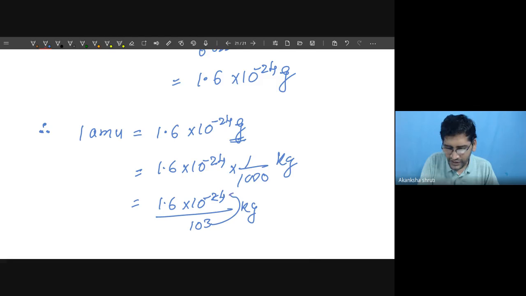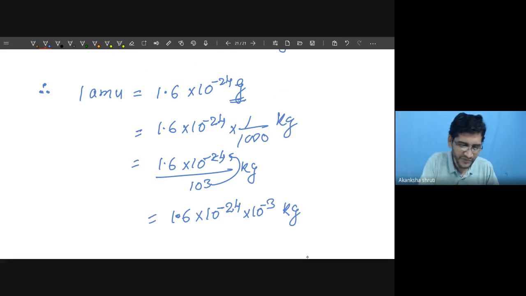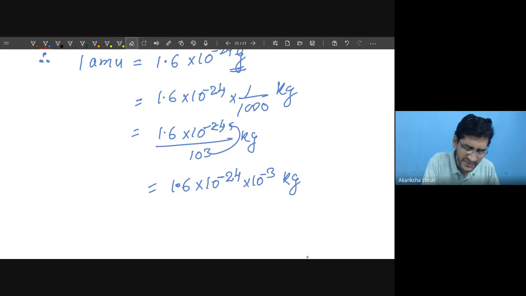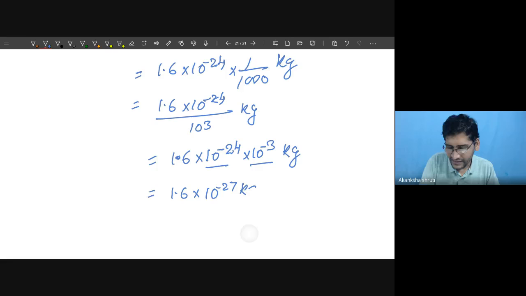When it goes to the numerator, it becomes 1.6 into 10 to the power minus 27, meaning 24 into 10 to the power minus 3. You may write this step also. Adding the exponents because they have the same base, it becomes 1.6 into 10 to the power minus 27 kg.